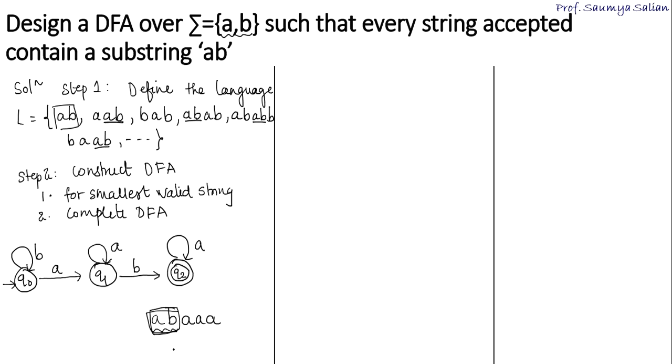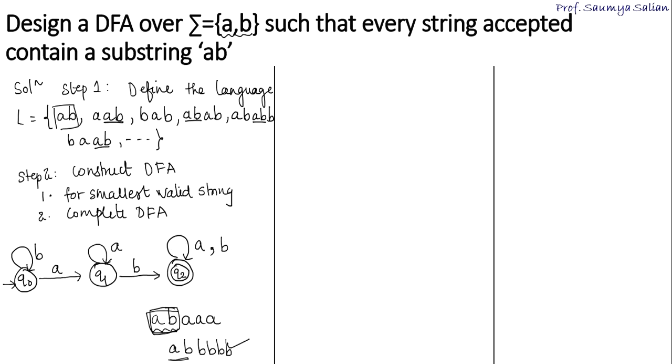Now, once again, let's check for input B. To reach Q2, I have input A, and then B, from initial state. After that, if I get a B, is it a valid string? Yes, it is a valid string because I have encountered the pattern, substring AB. Even if I have multiple B's, it is still a valid string and it has to be present in the language, right? So I can say that B also will reach final state.